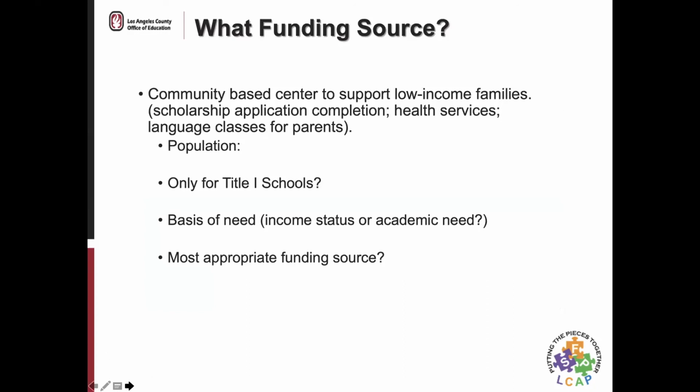Okay, what do we see? It's low income, right? So the focus is on low income students and families. Does it say here it's only for Title I schools? Do you see anything that says that? No, okay, it didn't say. It's just this is a community. It's for everyone in the community. What's the basis of the need?